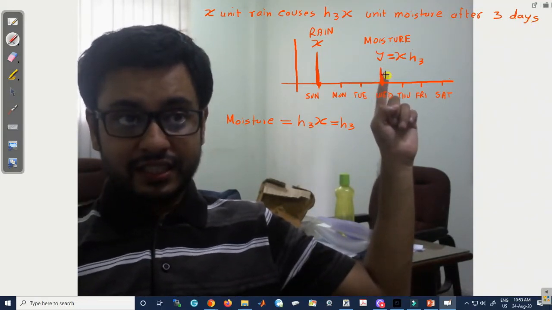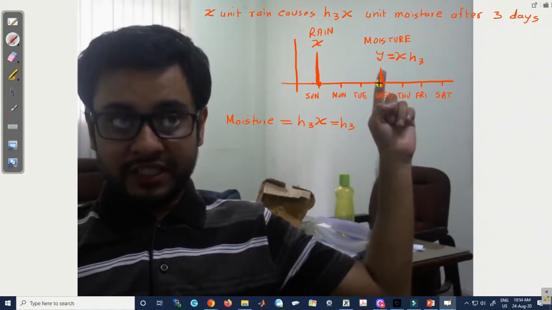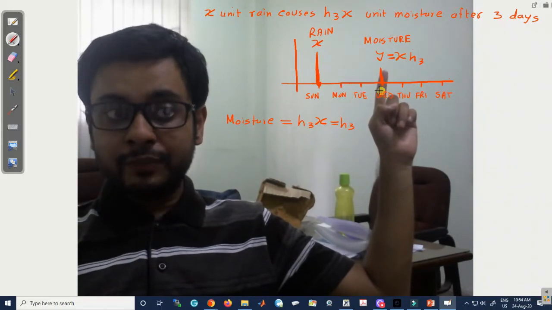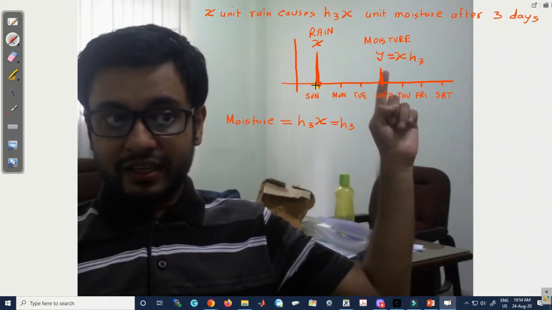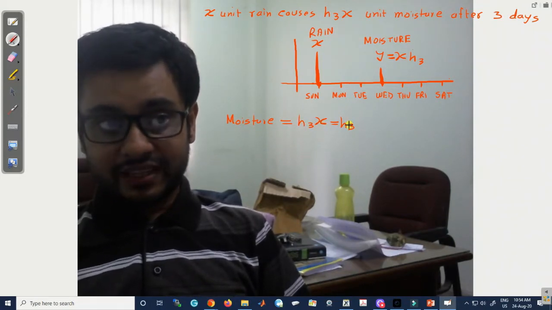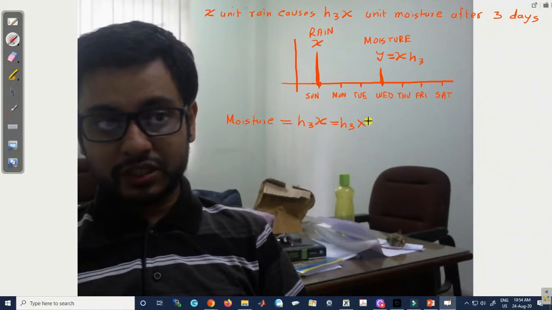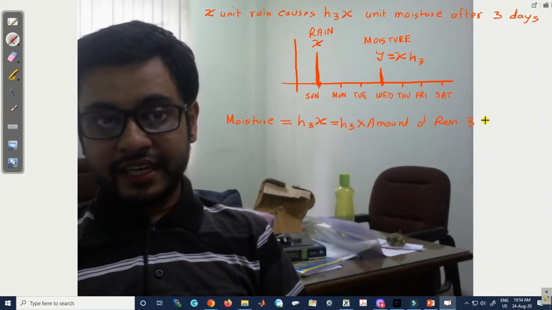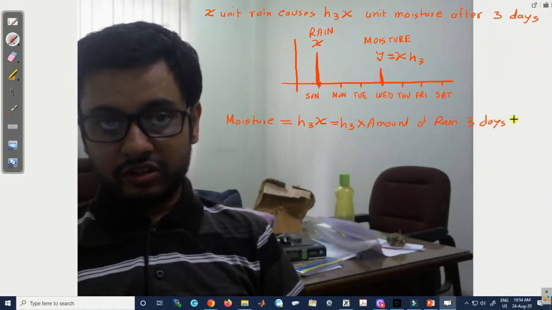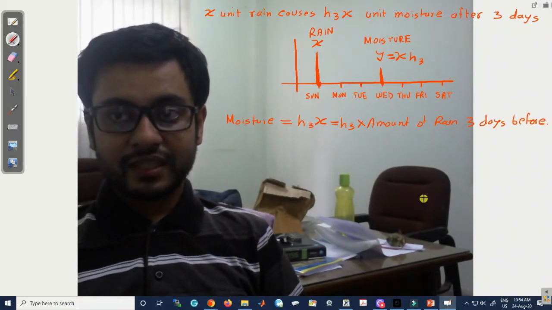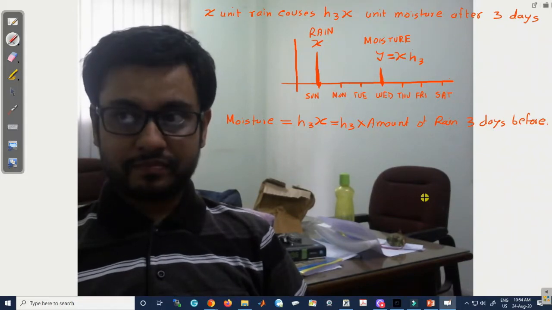That is, the amount of moisture on a particular day, Wednesday, due to the previous rain is given by H3 times X, that is H3 times the amount of rain 3 days earlier or 3 days before. That's the idea.